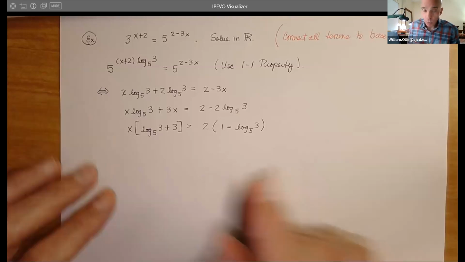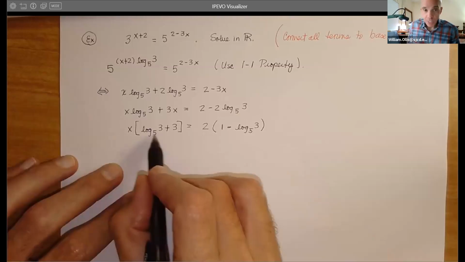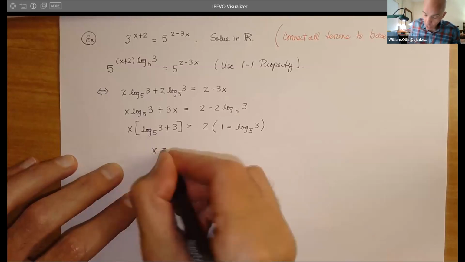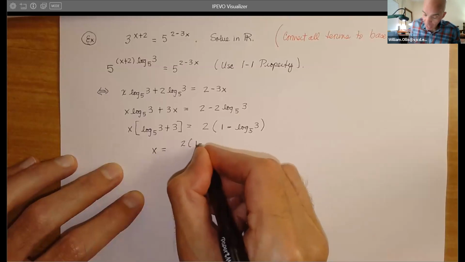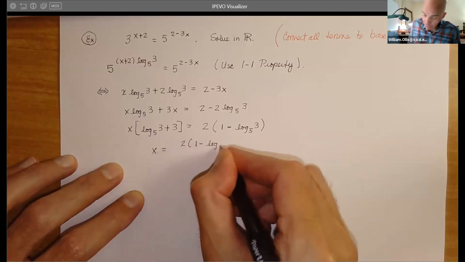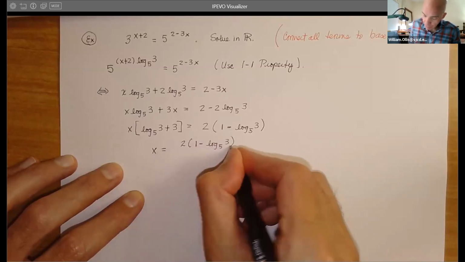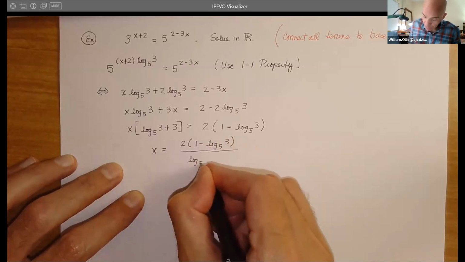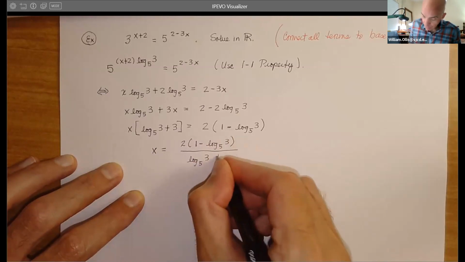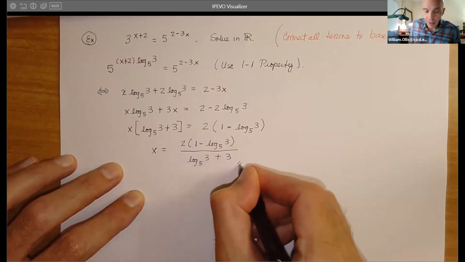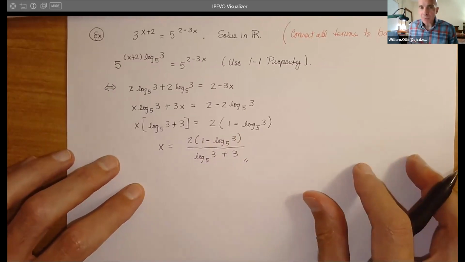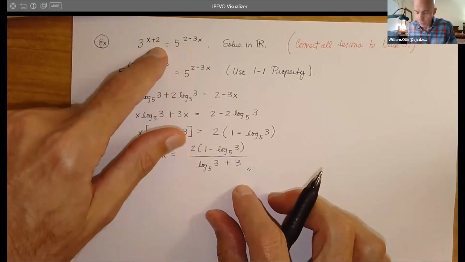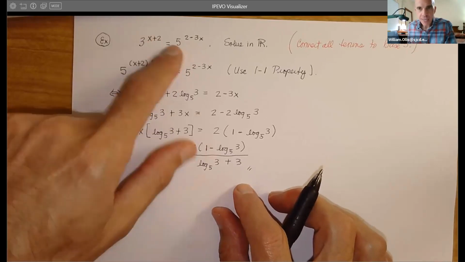So now when we divide here, we've got a number times x. So we're going to divide both sides by that number. So we have 2 times 1 minus the base 5 logarithm of 3 divided by the base 5 logarithm of 3 plus 3. Now, what's interesting about this, again, we have these nice exponential functions, and the x's can be any real number.